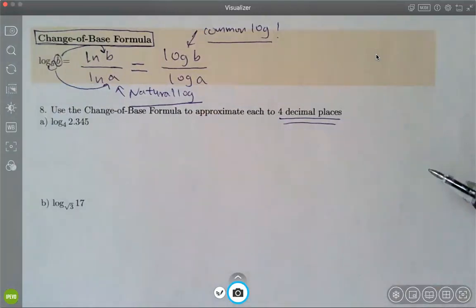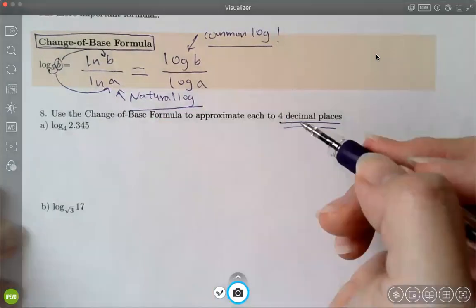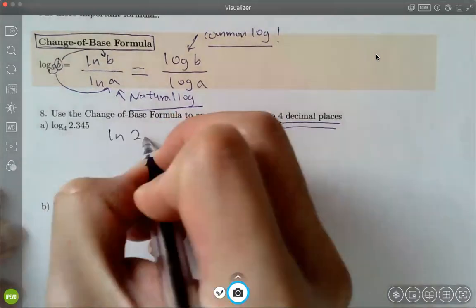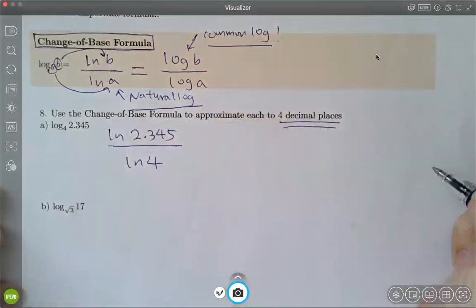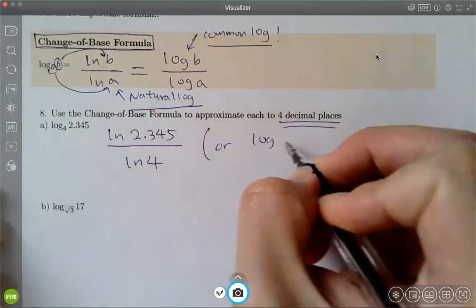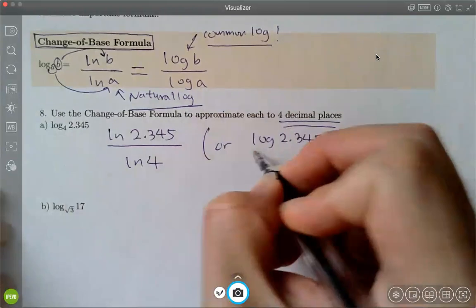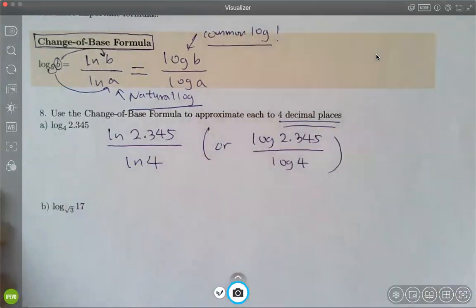Okay, so log base 4 of 2.345. By the change of base formula, this is equal to what? ln 2.345 over ln 4. Or you can say log 2.345 over log 4. Either way, and you'll see that it doesn't really matter here.